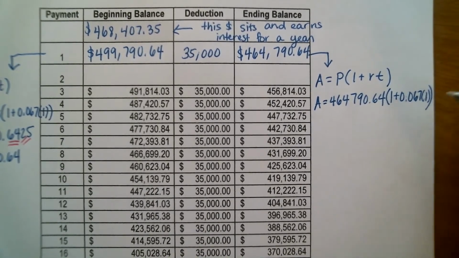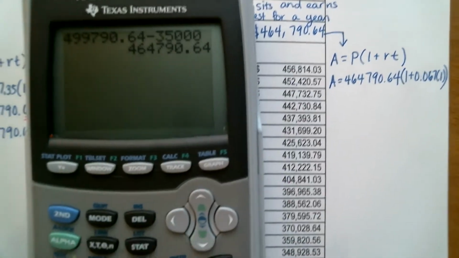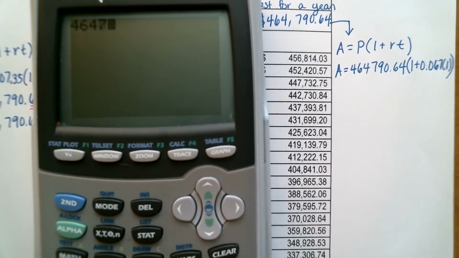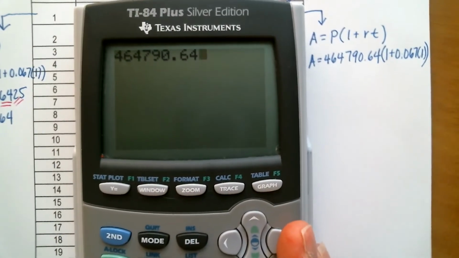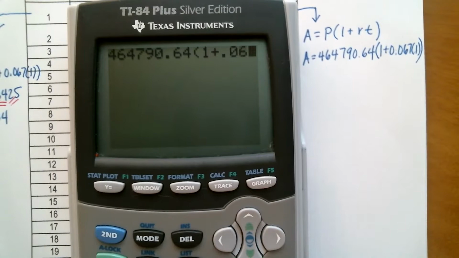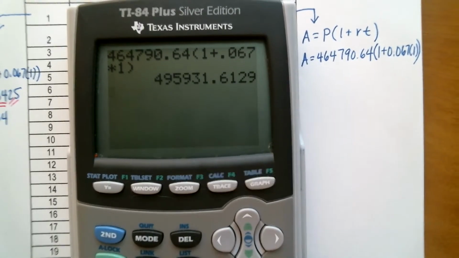Time is again 1 year because it's been sitting there for 1 year. So let's type in our numbers: times 1 plus R times T. This will give you your account balance.